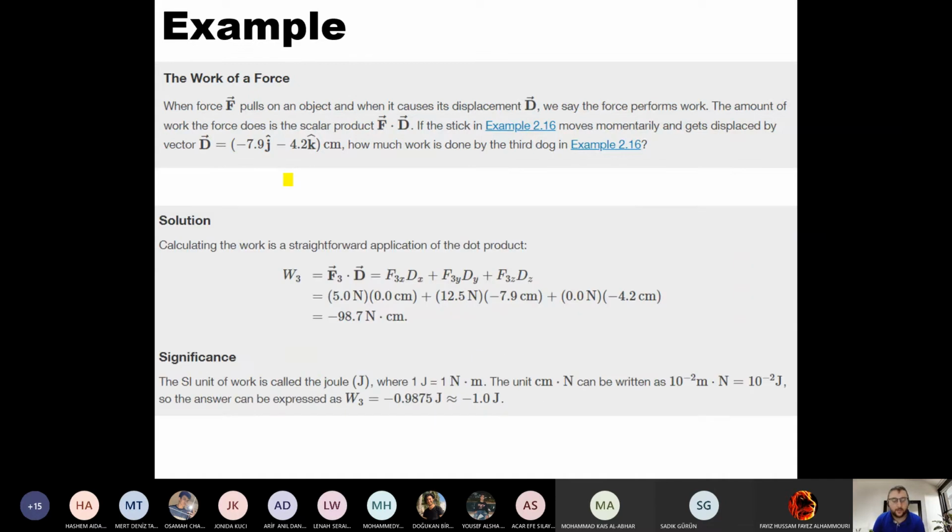To find this, the work is calculated by force dot product D. If you know the force vector and displacement vector, you can make a scalar product and find work, and work is a scalar quantity, but force and displacement are vector quantities.